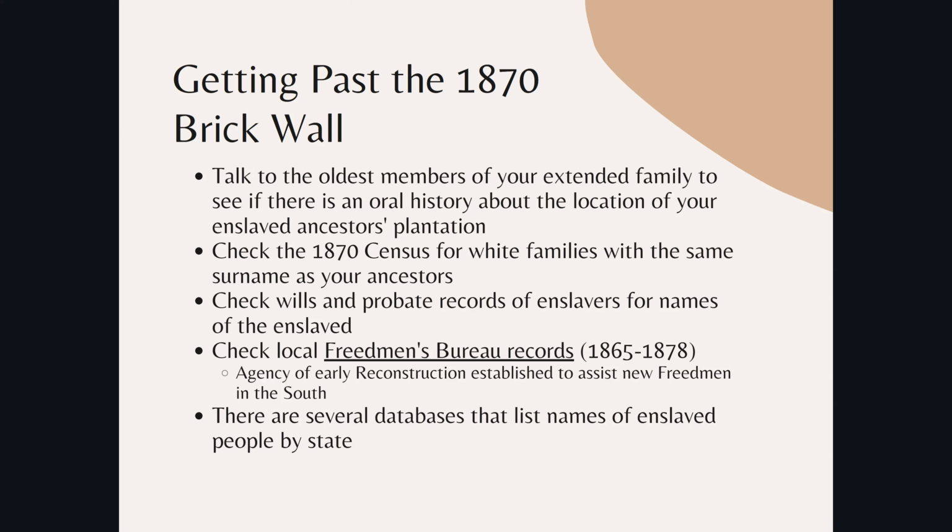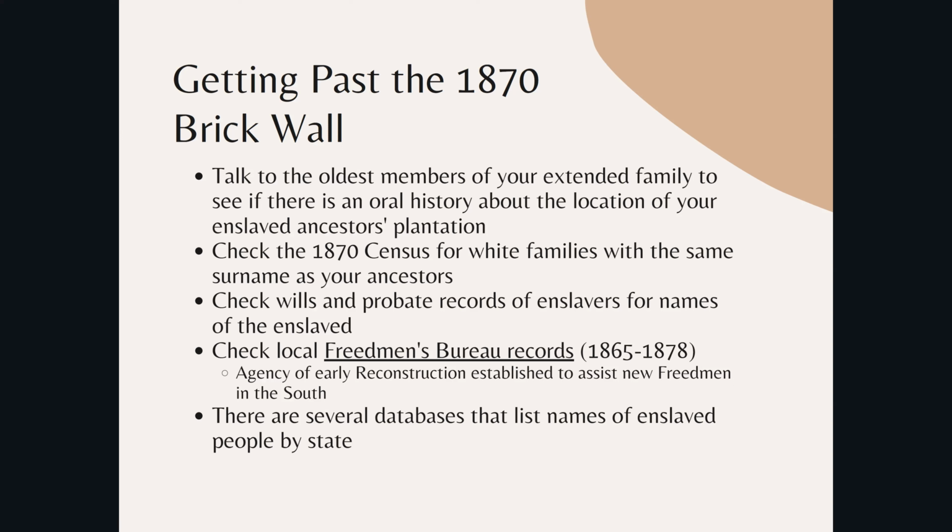Not all enslaved people took on the surname of their enslavers, but some of them did initially, possibly. So if you find white families with the same last name as your oldest known relatives around that year, that might be a tip for where your ancestors were located.